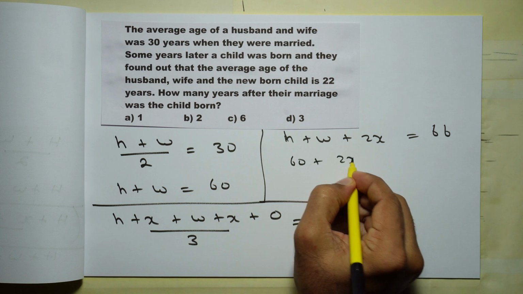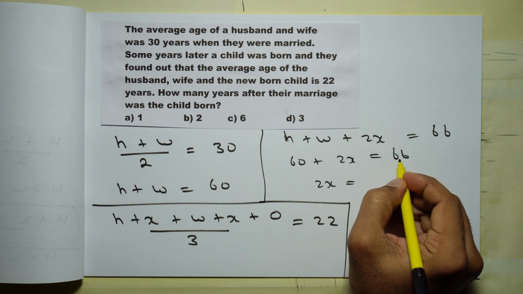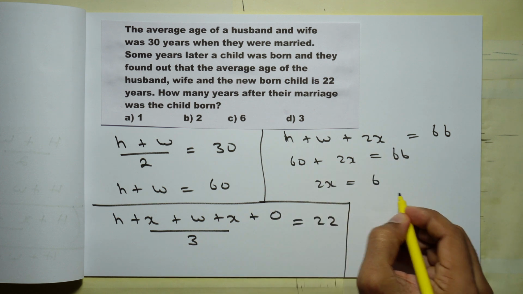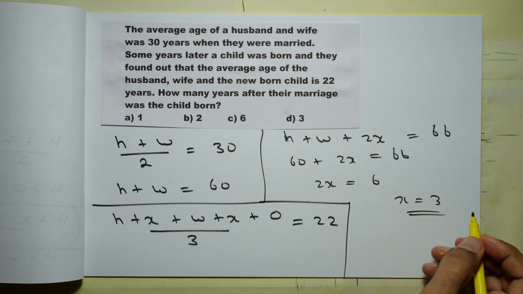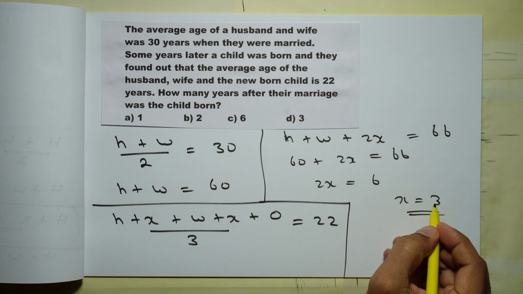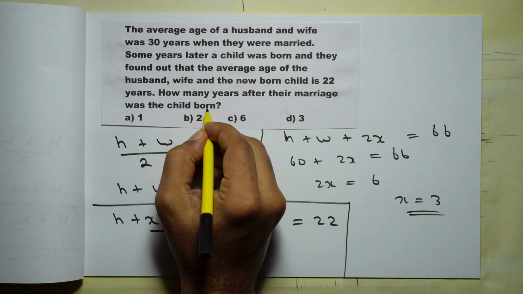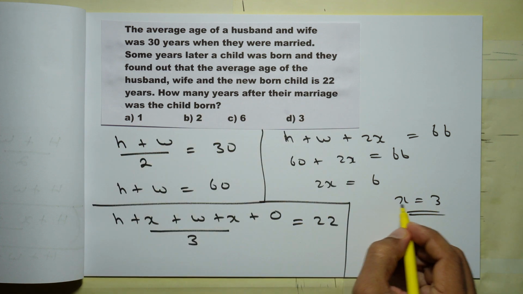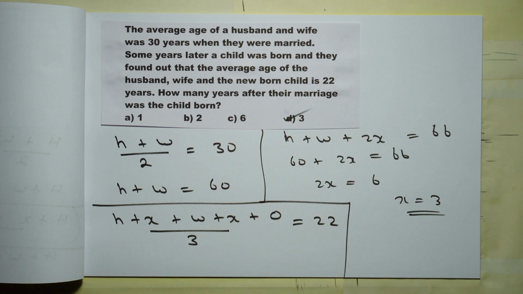So 60 plus 2x is equal to 66, or 2x is equal to 66 minus 60 is 6, or x is equal to 6 by 2, you will get it as 3. So we have assumed that after x years the child was born and x is equal to 3. So how many years after their marriage was the child born? After X years and X is equal to 3. So option D, 3.